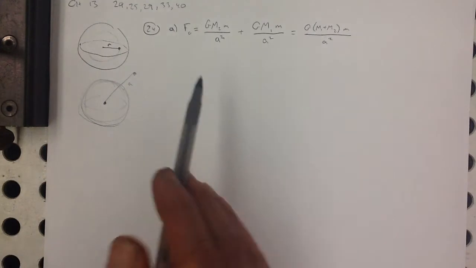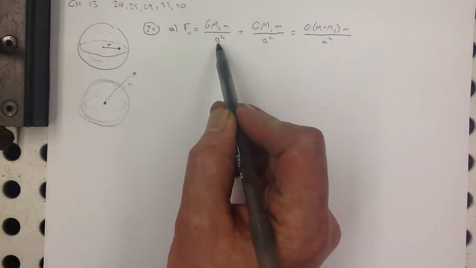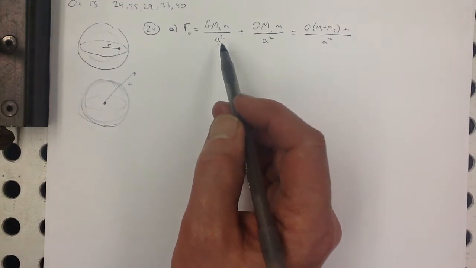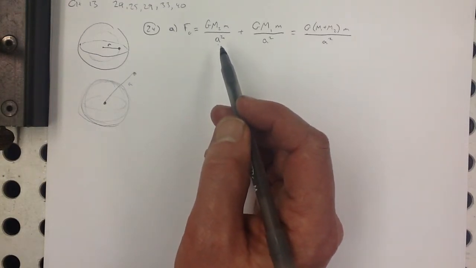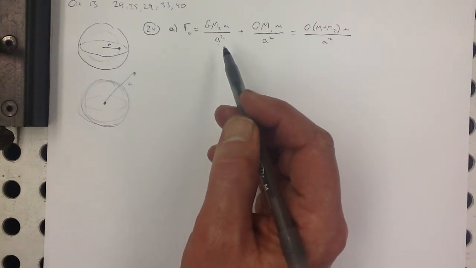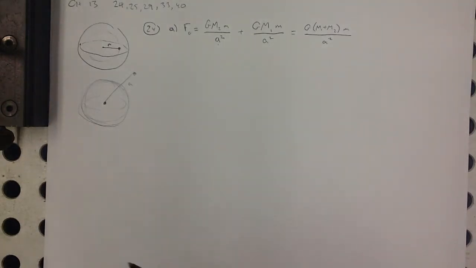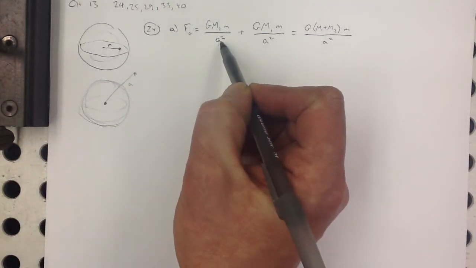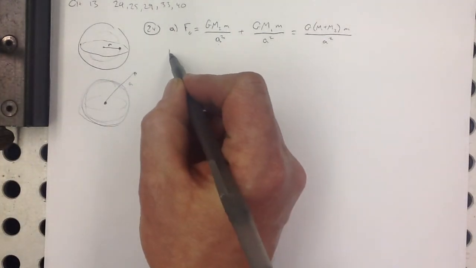So I think that maybe the most confusing thing about this is that this a, this number that you're plugging in here, it's the distance from the point to the center of the object, right? And both of these spherical objects have their center in the very center of the diagram. So this is not a radius value, it's the distance between the centers. Got to remember that.